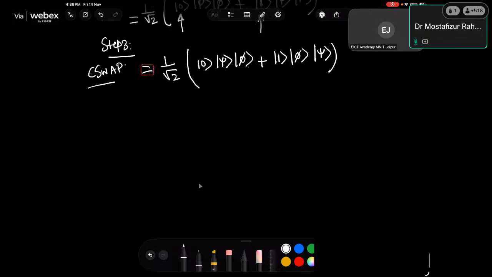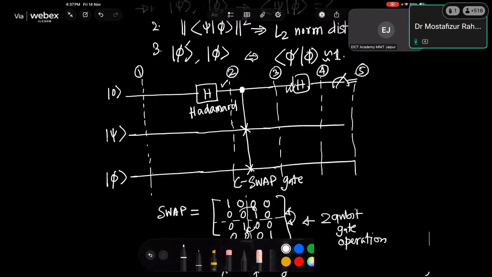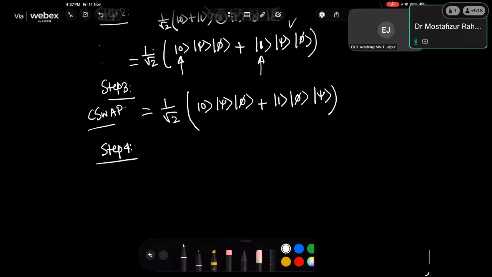Now in the fourth step, what do I have to do? Fourth step, again I applied Hadamard on the first qubit, right? So if I apply that, what will happen? 1 by square root 2, then this 0 will become 0 plus 1, right? If I apply Hadamard, this 0 will become the plus state and this 1 will become the minus state, okay?